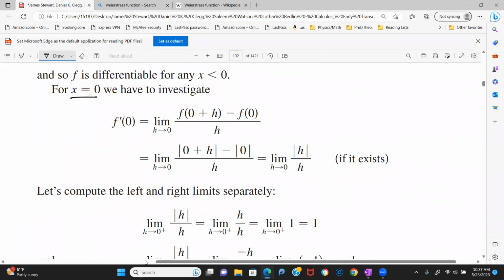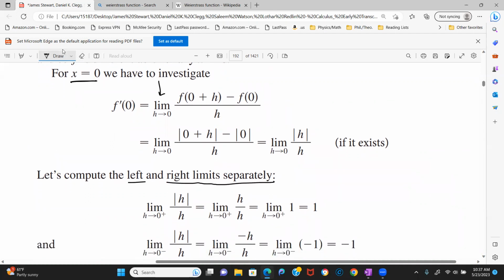So let's look at differentiability at x equals 0. By definition, it's going to be this limit right here. And when you plug things in, you're going to get this. And we're going to see that this number here can be plus or -1. So to see that, we're going to compute left and right hand limits separately. So we're going to compute the limit of this fraction when h is approaching 0 from the right.